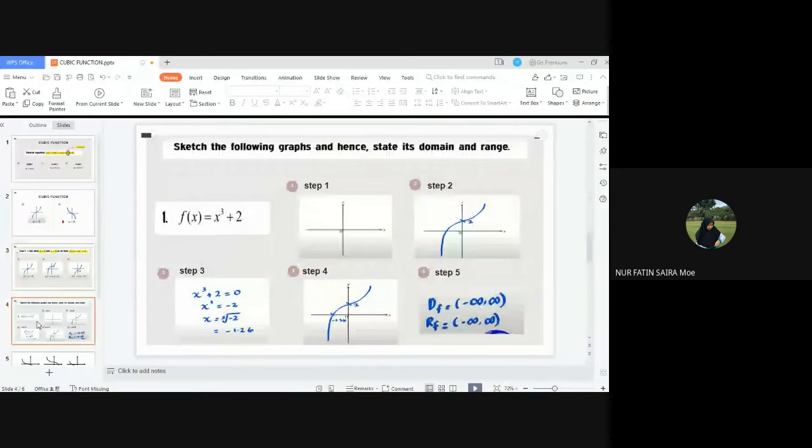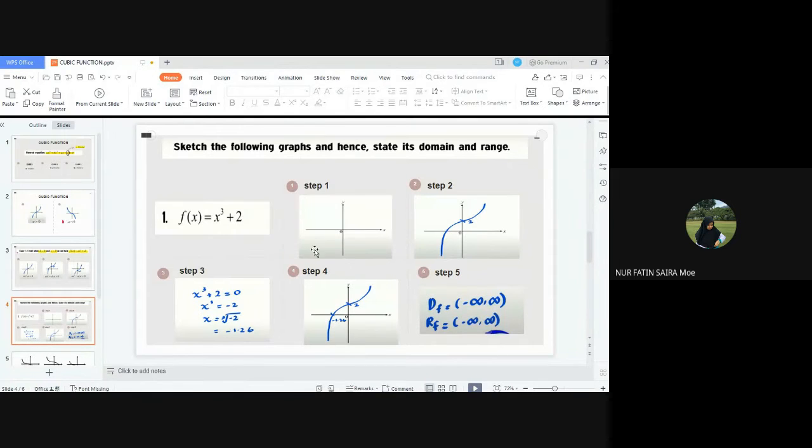So I'm going to explain this example. The question asks us to sketch the following graph and hence state its domain and range. As we see, d is positive, so the first step is to draw the graph's x-axis and y-axis. For the second step, d is positive, so the graph is going to look like this.